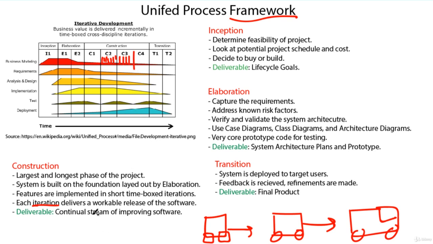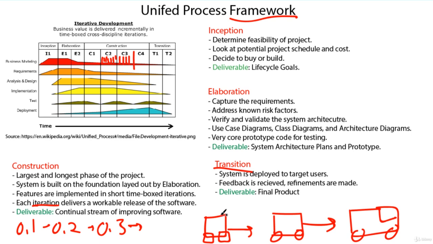And the deliverable here is a continual stream of improving software. This is where we have the version, I believe it usually starts with like 0.1, then we get 0.2, 0.3, etc., where we actually start coming up with these version labels as we get better and better. And finally, we have this idea of the transition.